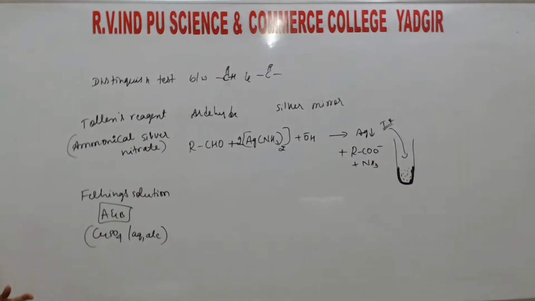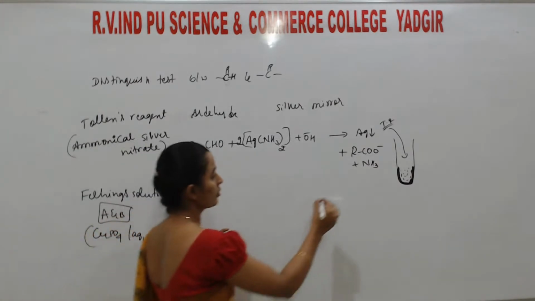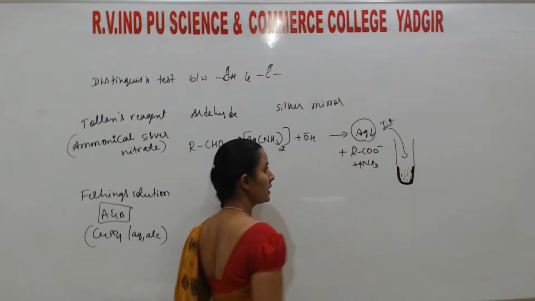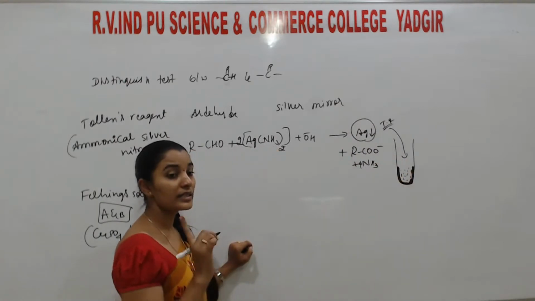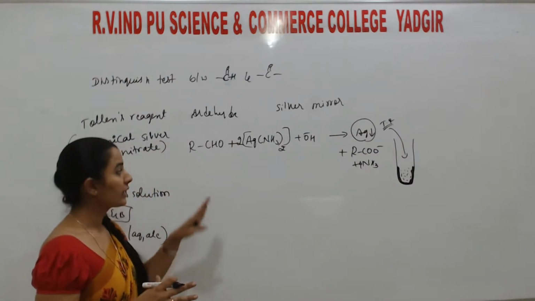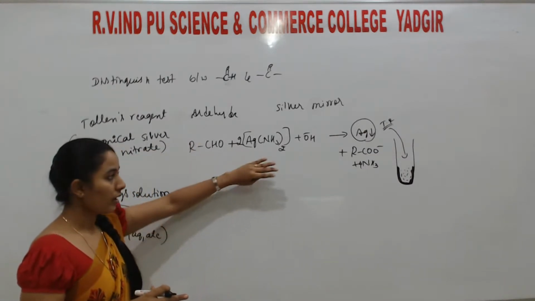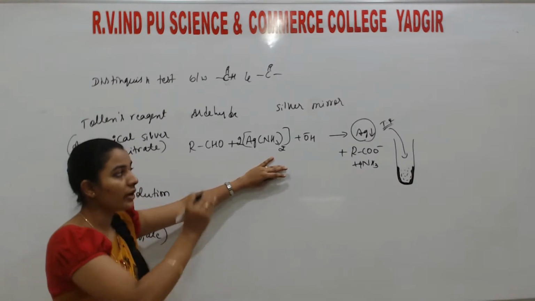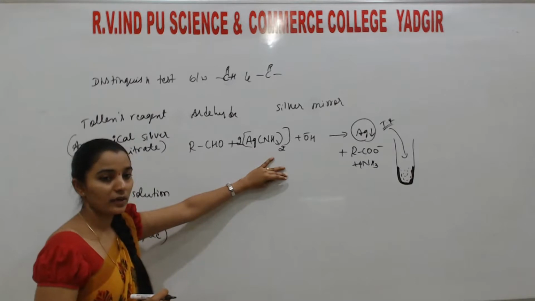Okay, this is the reagent. Due to the precipitation of Ag, they form a silver mirror. In this distinguishing test, if ketone is there, it is not possible. Ketone cannot reduce this Tollens reagent. Ketone cannot precipitate the silver.